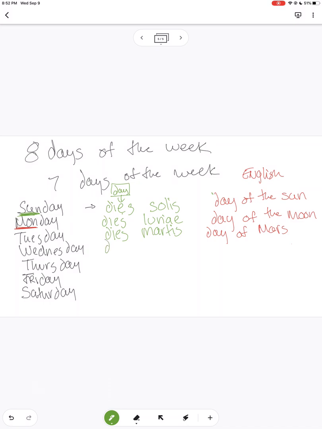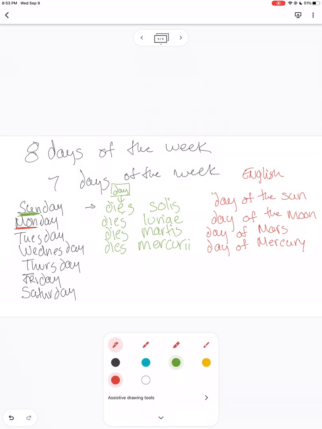Wednesday was Dies Mercurii, so day of Mercury. So who was Mercury? Anyone remember that? He's the god of messengers. So his equivalent in Greek mythology is Hermes. Thursday. So Thursday is Dies Jovis.